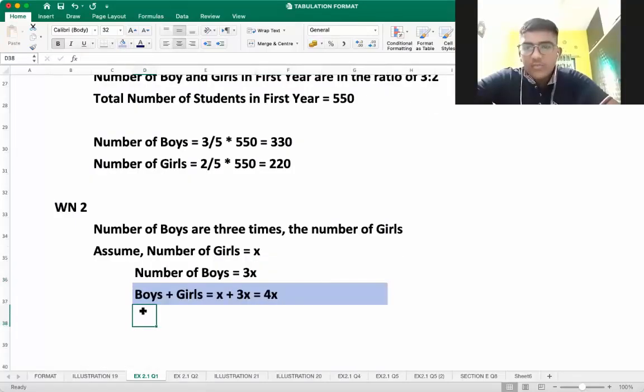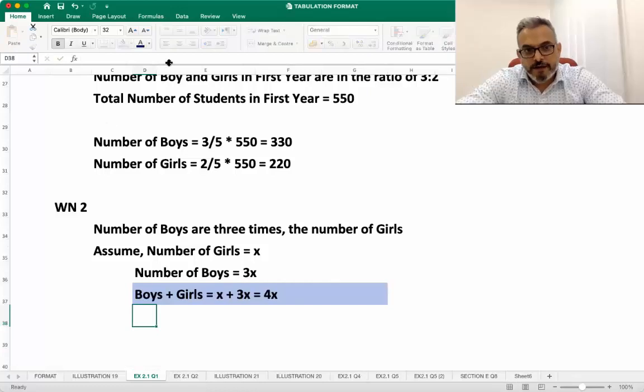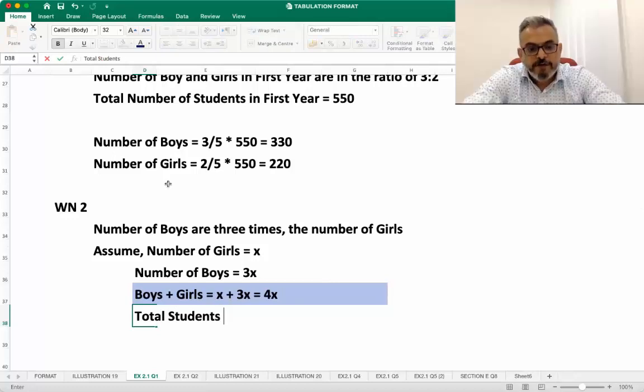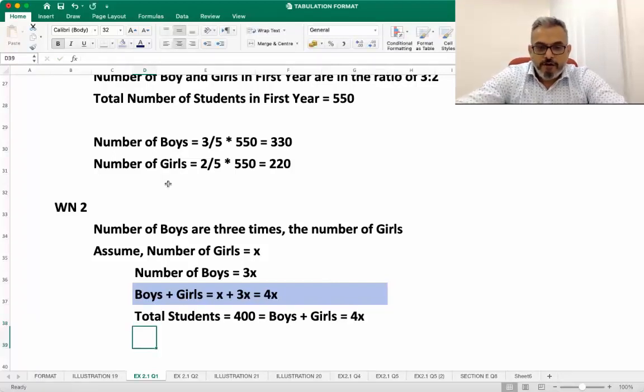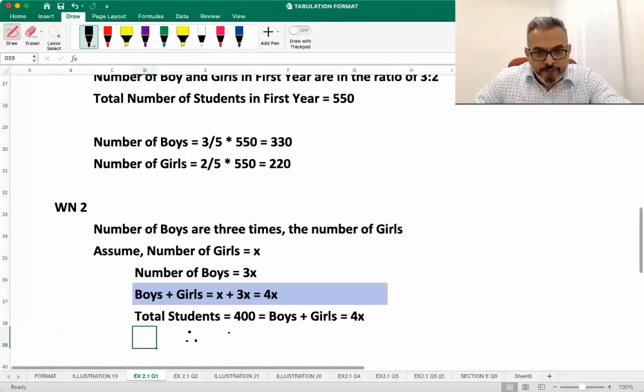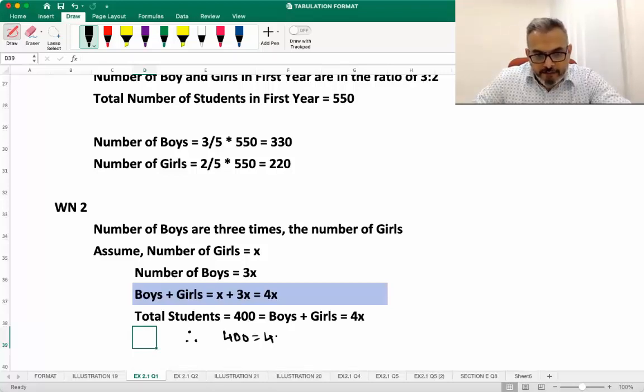So girls will be 100 and boys will be 300. Yes, total students is equal to 400, which is equal to boys plus girls, which is equal to 4x. So 400 is equal to 4x.